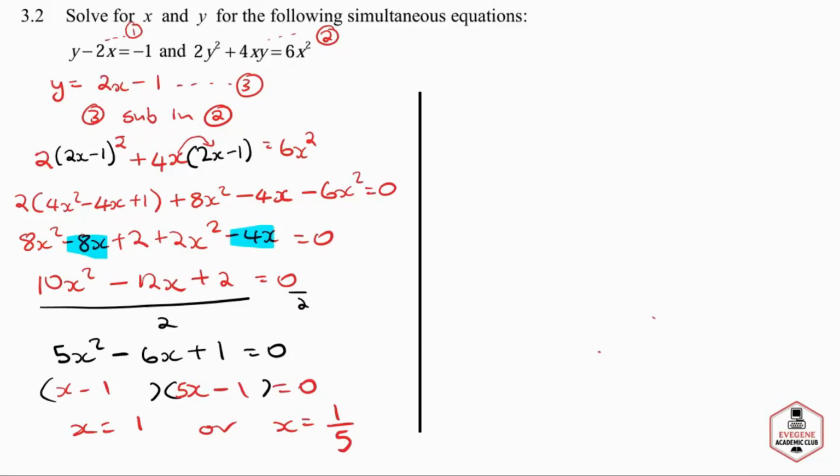Now you substitute the value of x in the easiest one, which is 1, right? Or you can just select any. I have y being equal to 2 times the value of x, the first one is 1, minus 1.